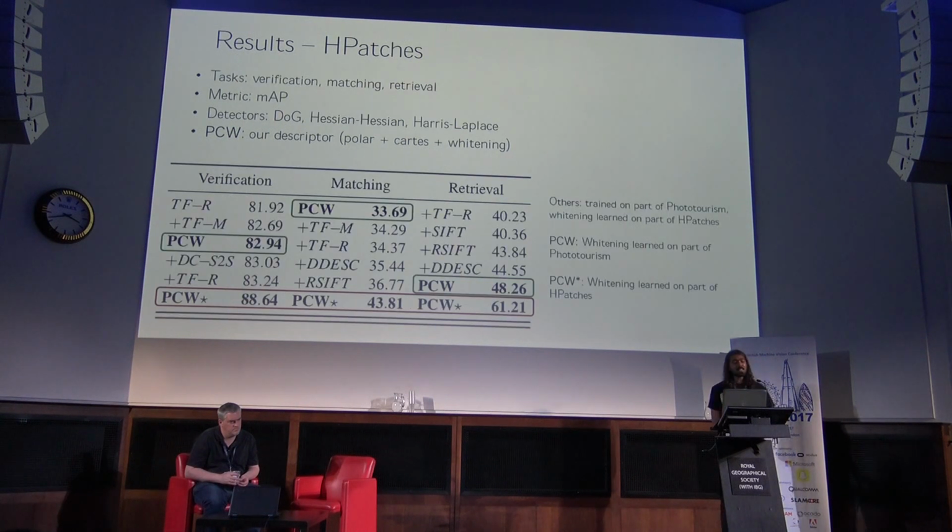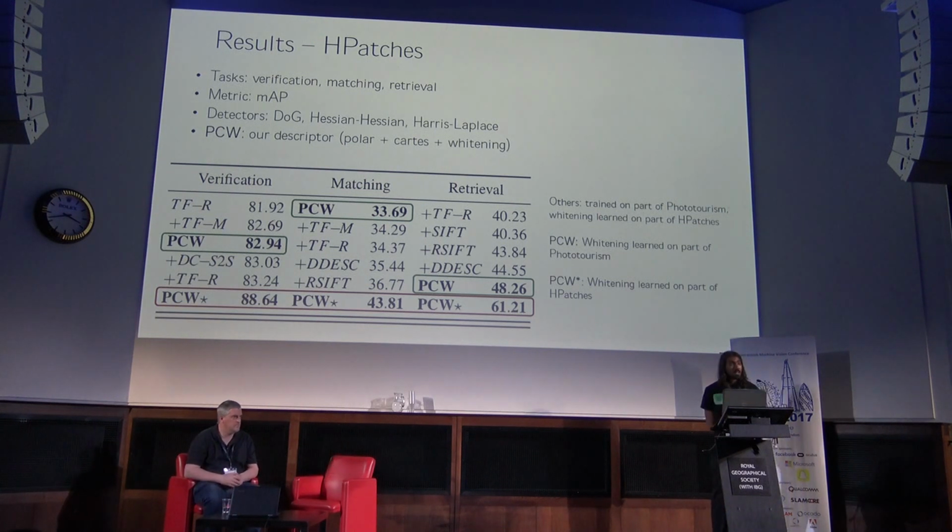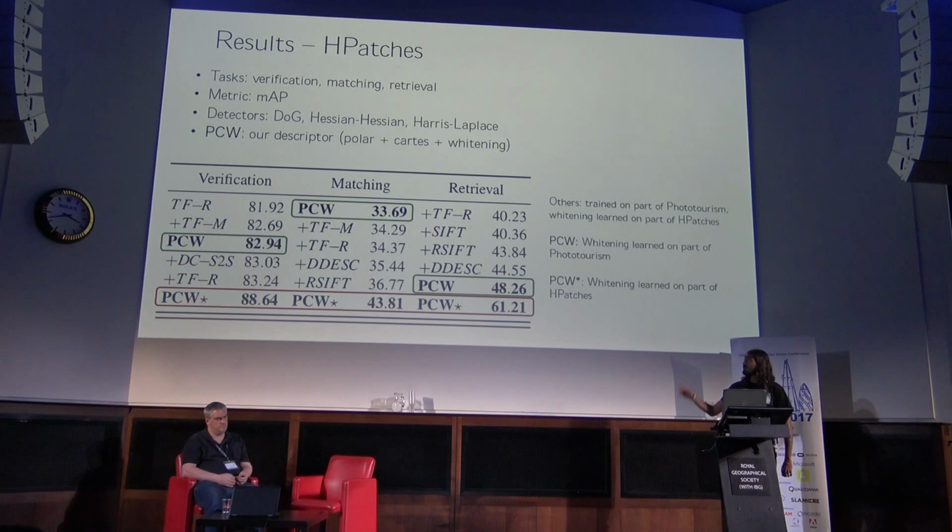Now, the second data set that we have is called HPatches, and it was introduced just this year. The three tasks defined on this are verification, matching, and retrieval. The metric used is mean average precision, and in this case we have a variety of detectors as well. One thing I would like to point out here is that we have two PCWs, one green and one red, and one has a star, one doesn't.